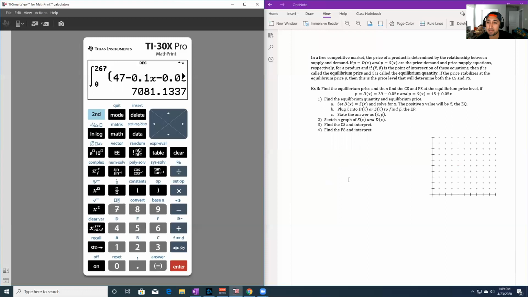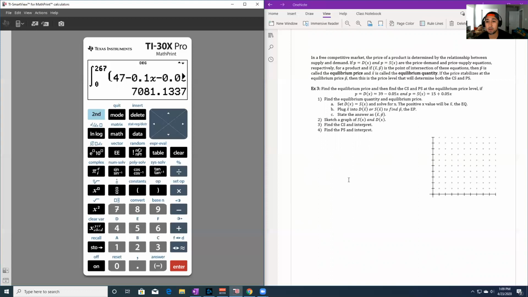If P equals D of X and P equals S of X are the price demand and price supply equations, respectively, for a product, and if X bar, P bar is the point of intersection of these equations, then P bar is called the equilibrium price and X bar is called the equilibrium quantity. If the price stabilizes at the equilibrium price P bar, then this is the price level that will determine both consumer surplus and producer surplus.